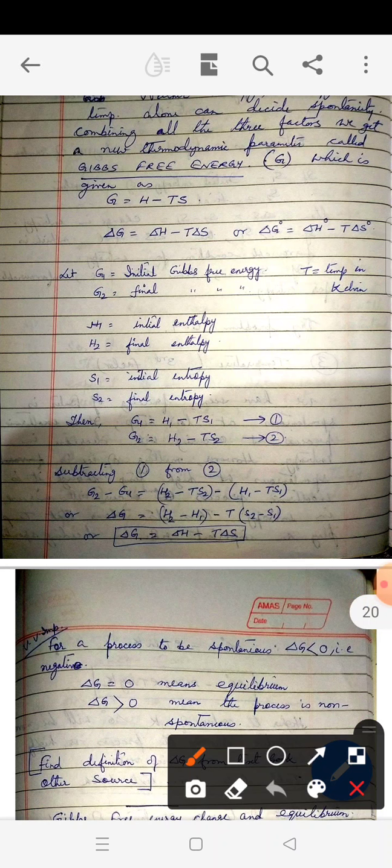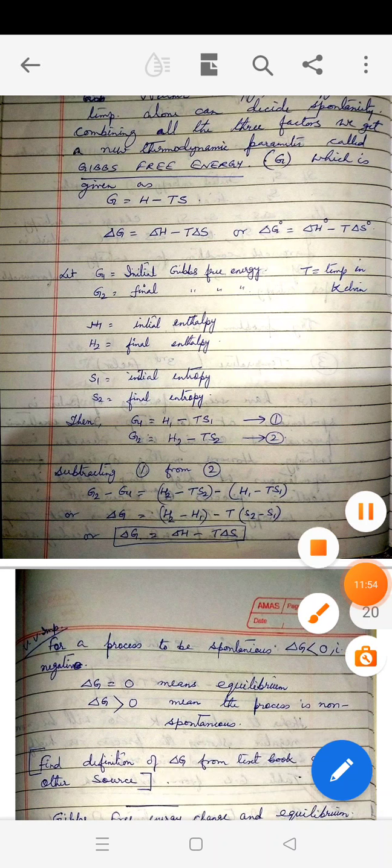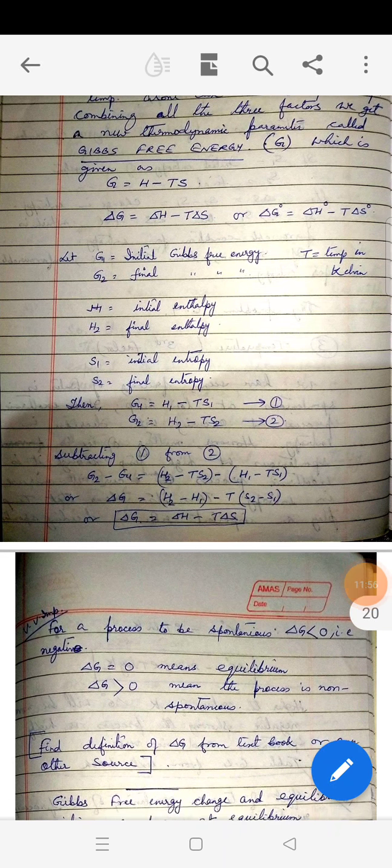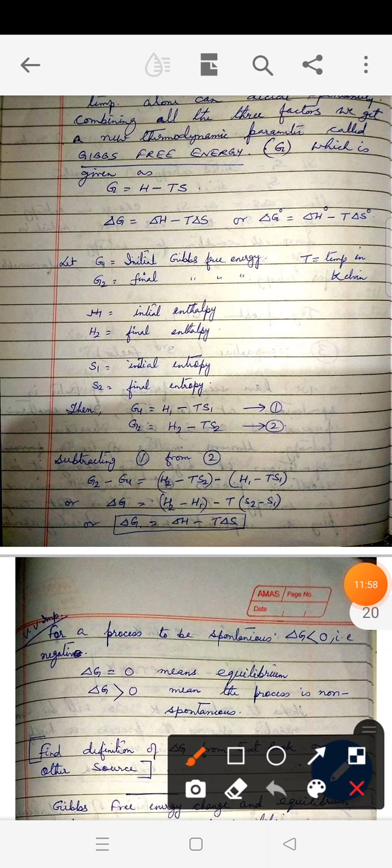So G2 minus G1 becomes delta G, and H2 minus H1 becomes delta H, and S2 minus S1 becomes delta S. We take the minus T common. So ultimately we derive the formula delta G equal to delta H minus T delta S.